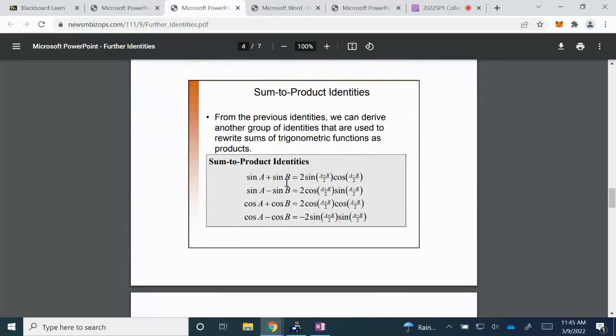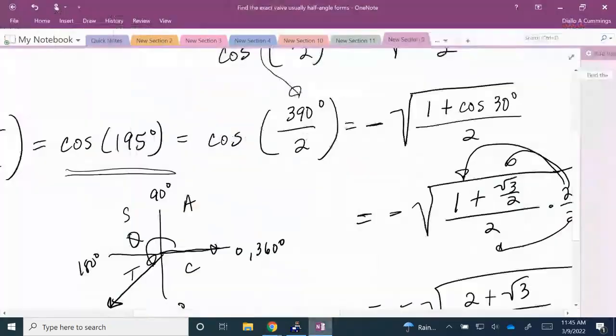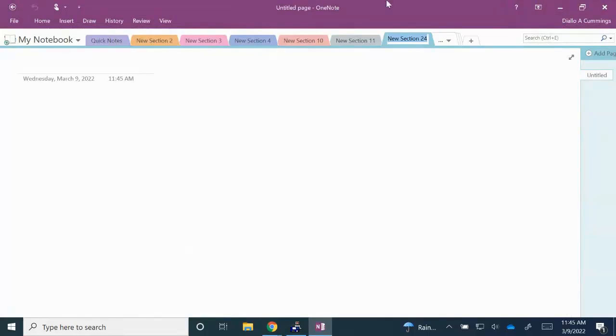All right, so let's take a look at an example. I think I'm just going to bring up another page here. All right, and I'm going to pull a problem from this section. Let's see, let's take a look at number 1. This is 3.4 problem number 1.